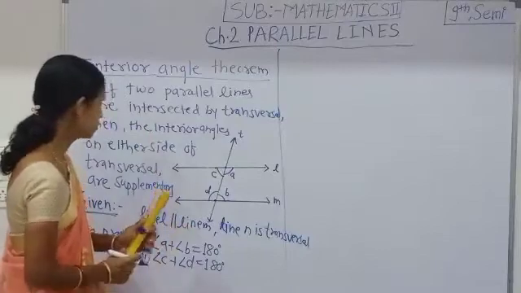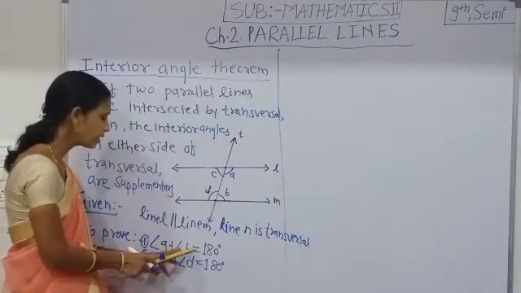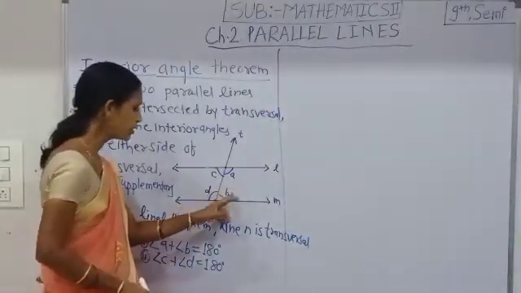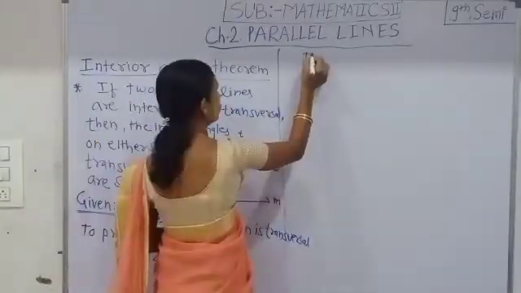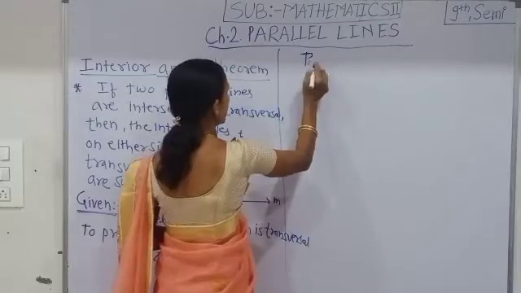We have to prove that angle A and angle B are supplementary, that means the sum of those two angles is 180 degrees. We will prove this property by the indirect method.